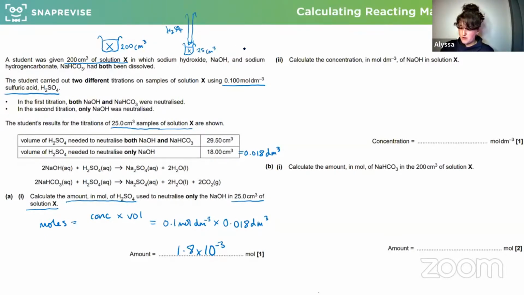I had another one. Oh, my pen's being silly. There we go. Another 25 cm³ sample of solution X.